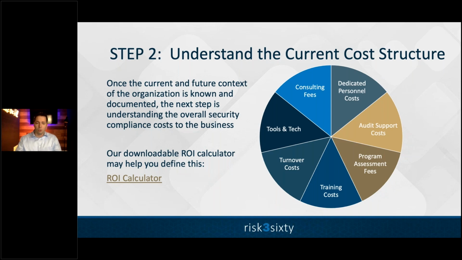In the downloadable ROI calculator, we use that in-house, Everest 360, for championing different initiatives and thinking through, what is the business case for this? What is the return on investment? So we've repurposed that for SOC 2 to give you a head start on how you can think about these different costs and then how you can think about the benefit of moving forward with integrating SOC 2.